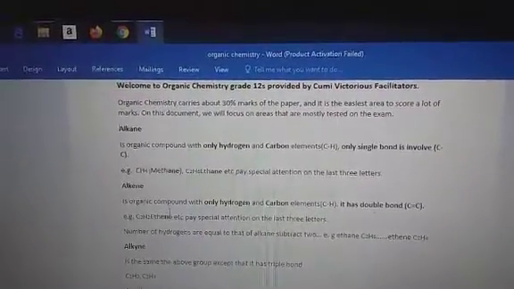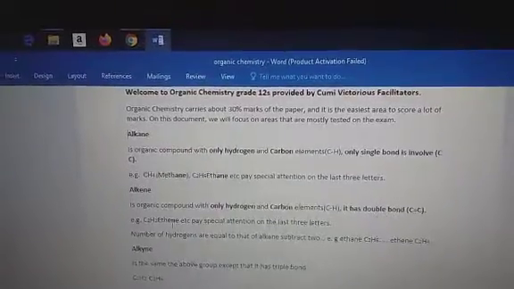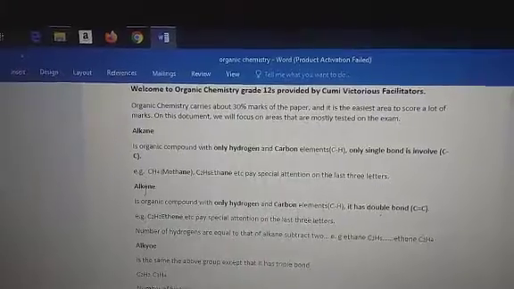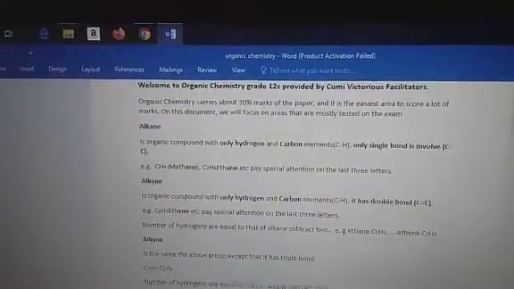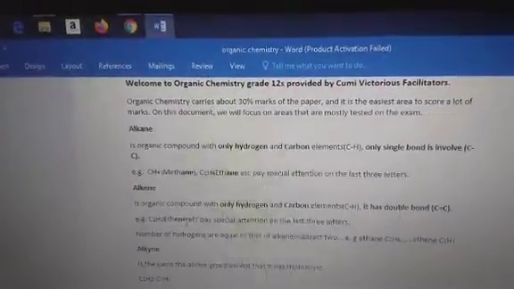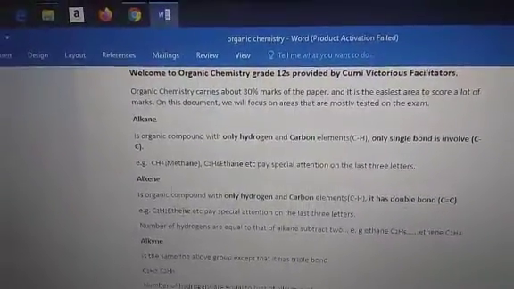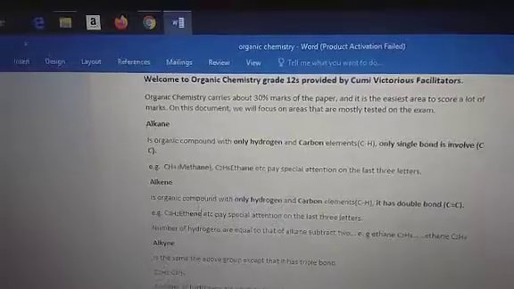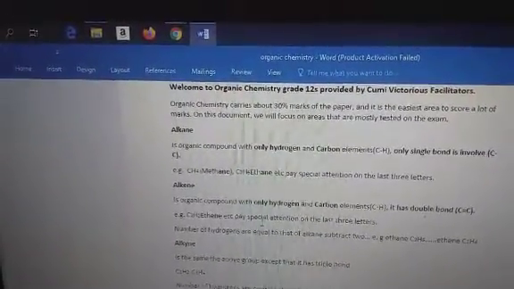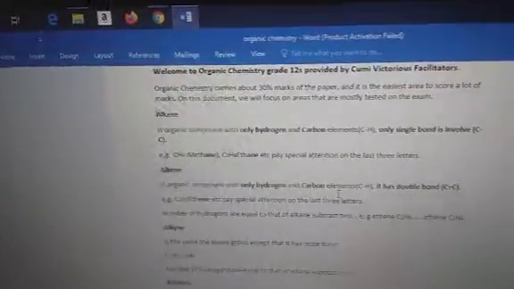But the naming is going to change a little bit. It's going to take a different suffix, meaning the last three letters. All right, let me also illustrate that.